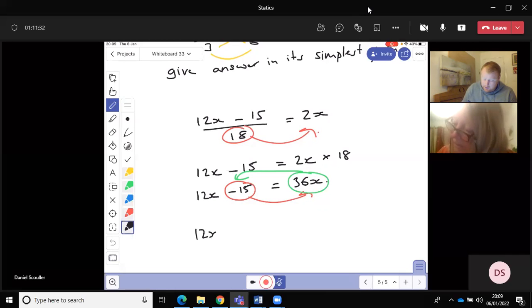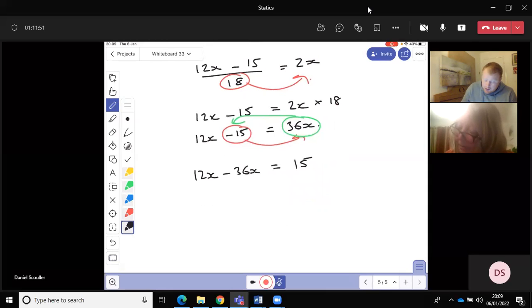So 12x stays where it is. That 36x is positive on the right-hand side, so when we're doing an addition, it's going to become a negative. Opposite to that, 15 is negative on the left-hand side and becomes positive. Okay, so that becomes negative 24x.